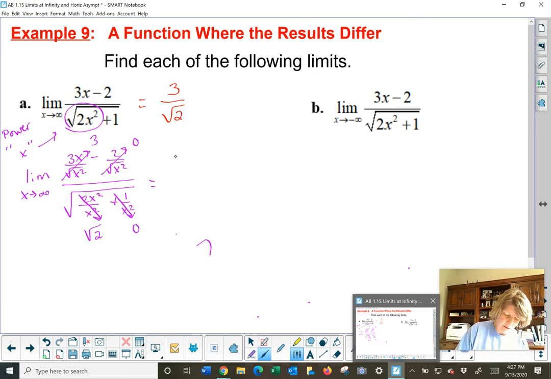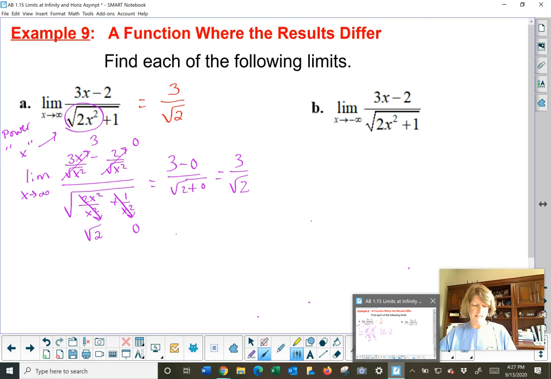So I do 3 minus 0 over square root 2 plus 0 in our square root, which gives me a final answer of 3 over square root 2. And on top, it's going to be positive. On bottom, it's positive. So I'd have positive over positive. I just did that extra little step of analysis.